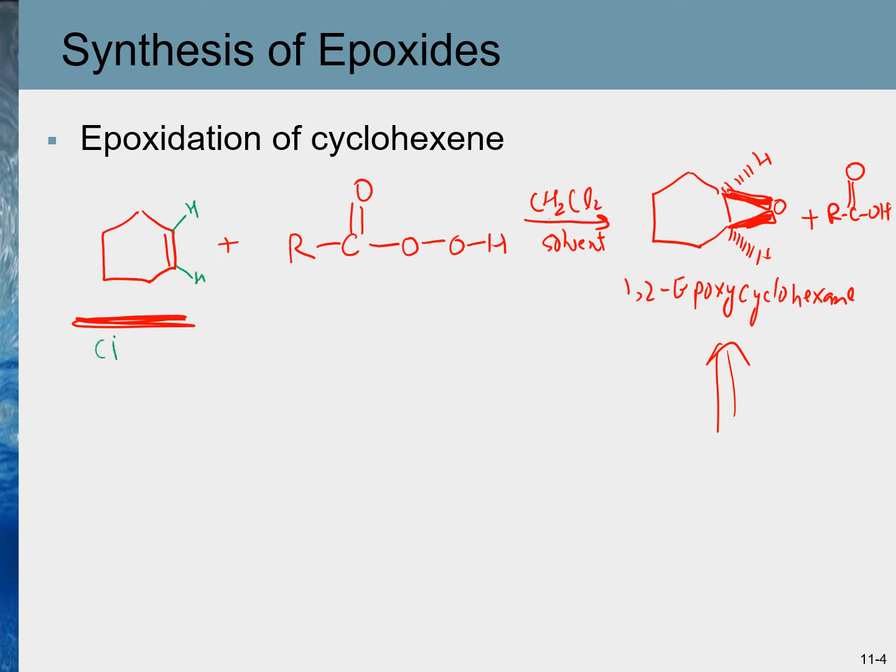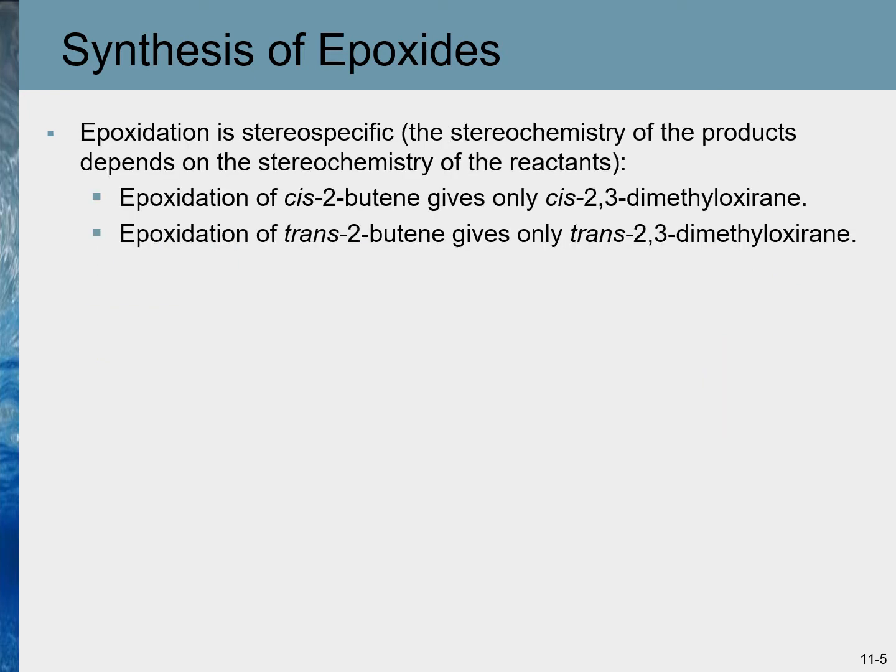So our epoxide group, or epoxy group, is also in a cis configuration. We'll discuss more about stereochemistry in the next slide. As discussed earlier, epoxidation of alkenes is a stereospecific reaction, and the stereochemistry of products depends on the stereochemistry of reactants.